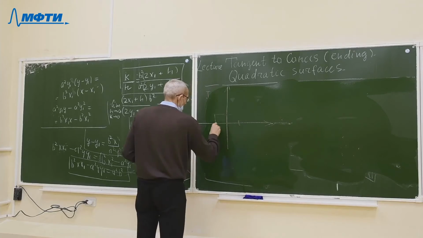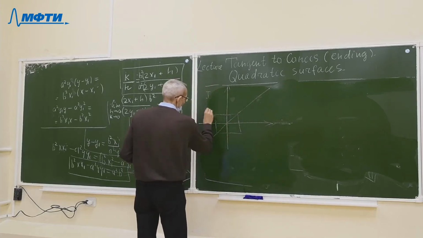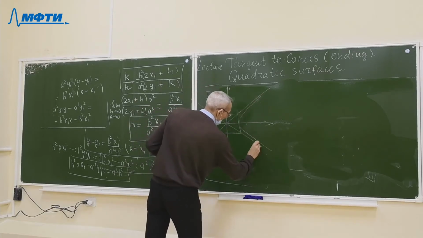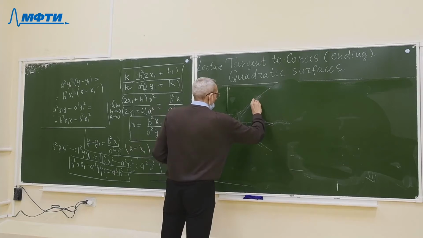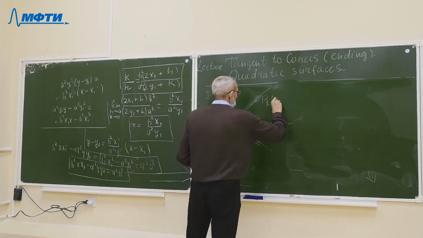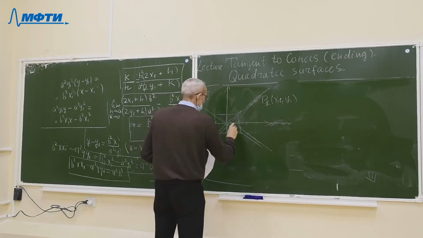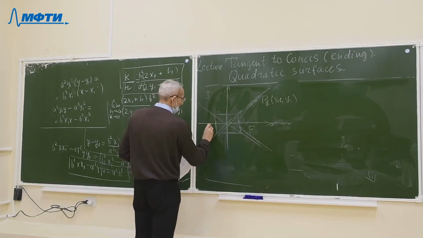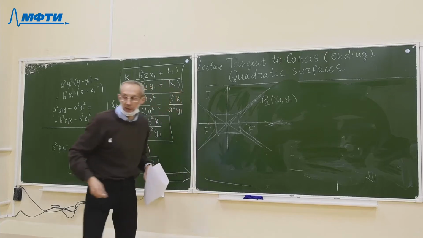I have point P1, which has coordinates x1, y1, and we have foci F and F prime.